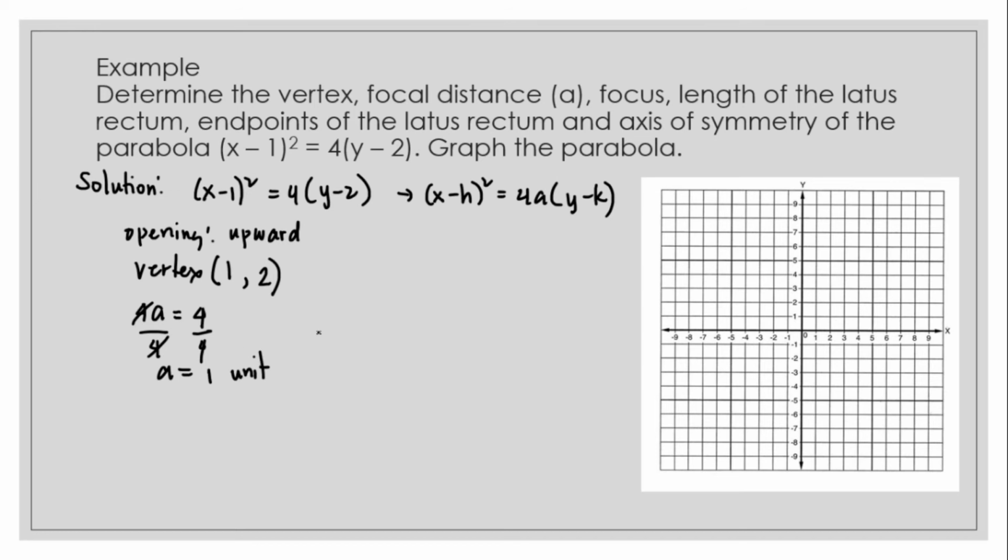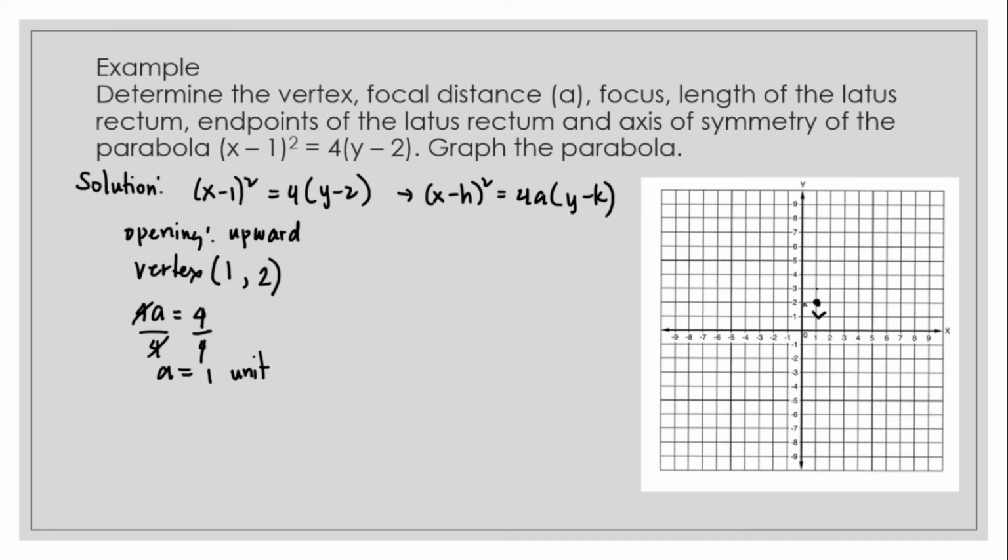Okay, so pwede na nating i-graph or i-plot ang ating vertex. So 1, 2. So 1 and 2. So nandito yung ating vertex. Yan. Okay, sunod natin yung ating focus. Ang focus natin, saan kaya natin ilalagay? Sa taas ba? Sa baba ba?